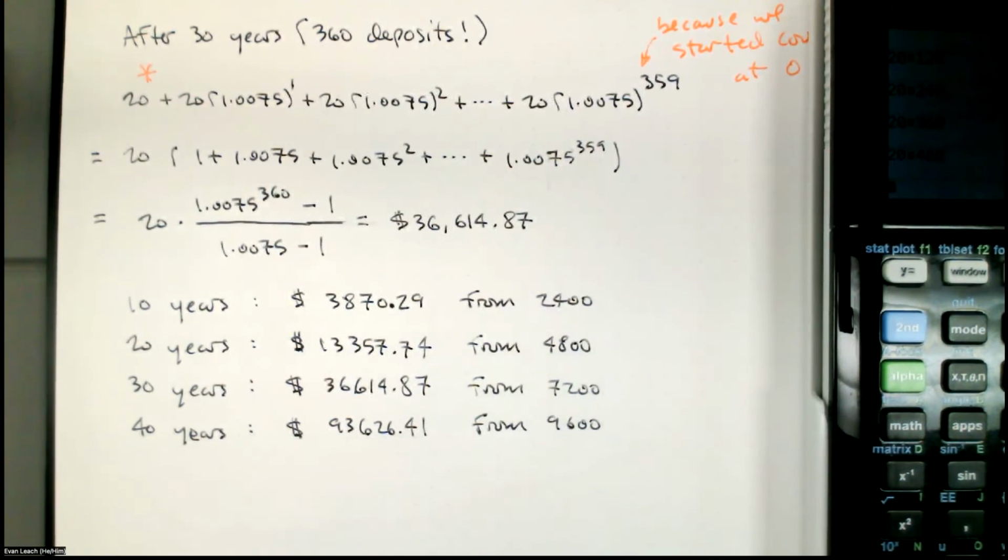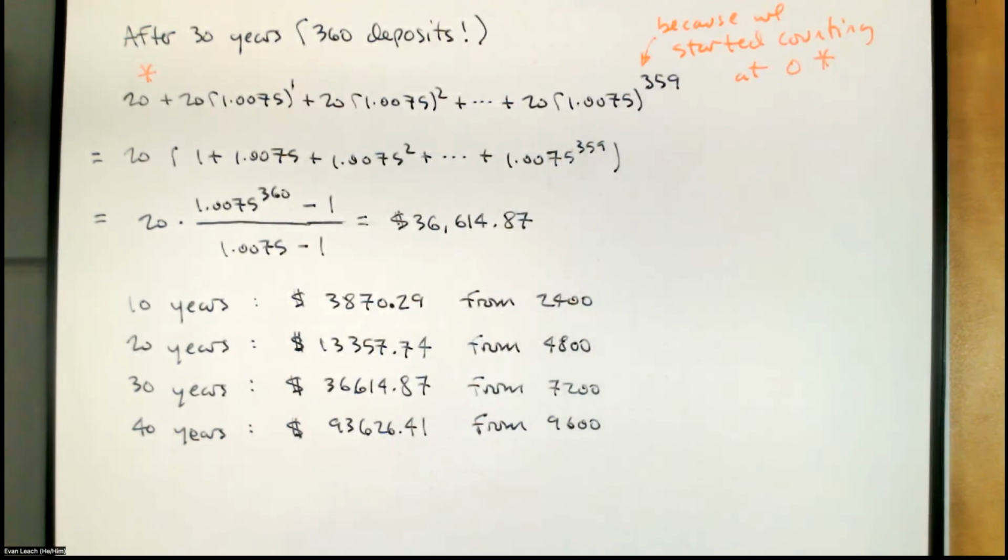Every 10 years is just another $2,400 that we're putting in there. But the return that we're getting, because it's been there for so long, is growing exponentially. And exponential functions eventually beat linear functions, always. Any questions?